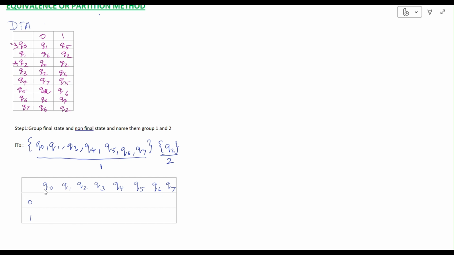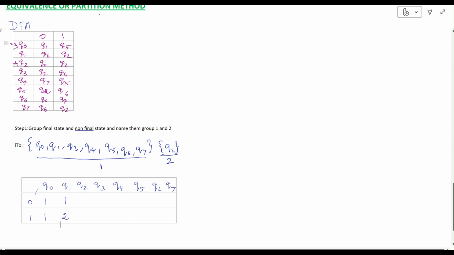Q0 on receiving 0 moves to Q1, which is of group 1. Q0 on receiving 1 moves to Q5, which is of group 1. Q1 on receiving 0 moves to Q6, which is of group 1. And Q1 on 1 moves to Q2, which is of group 2.